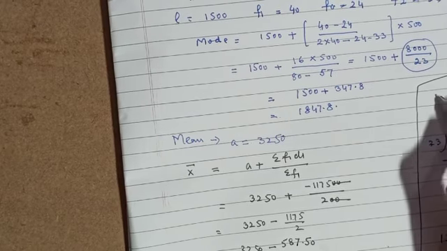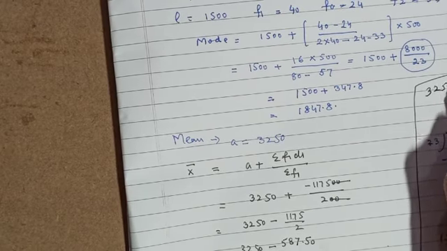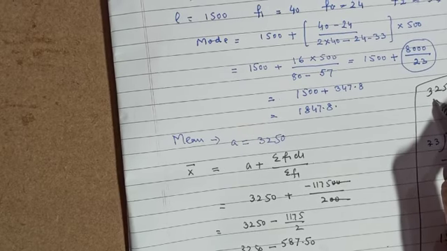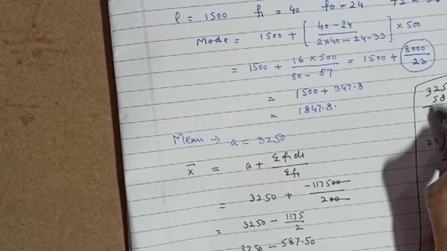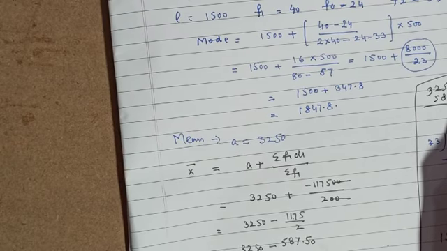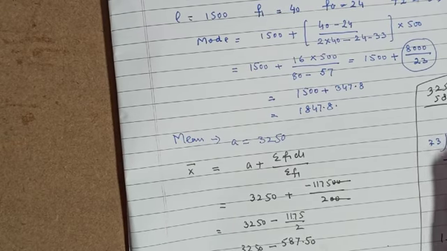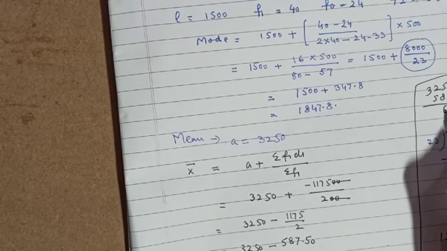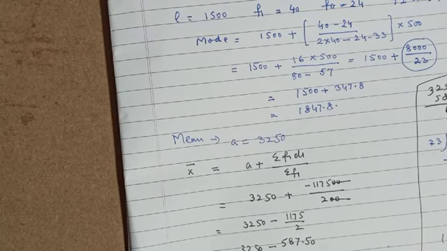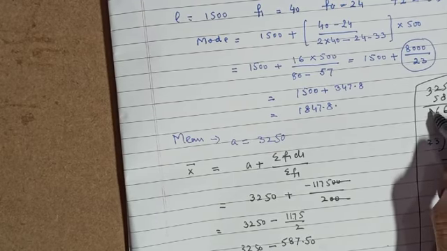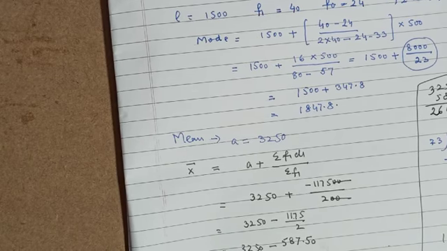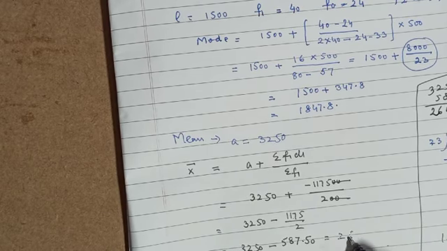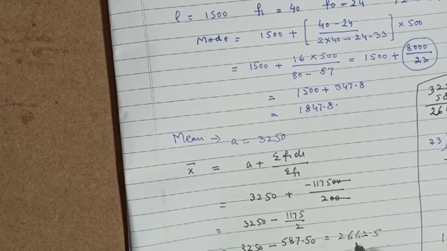So when we subtract 3250 minus 587.5, it will be 2662.5.